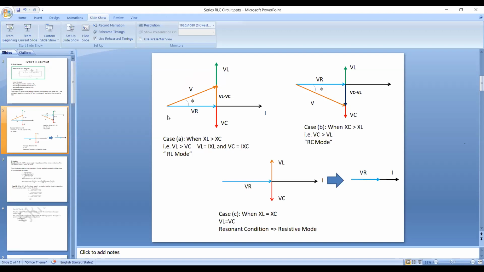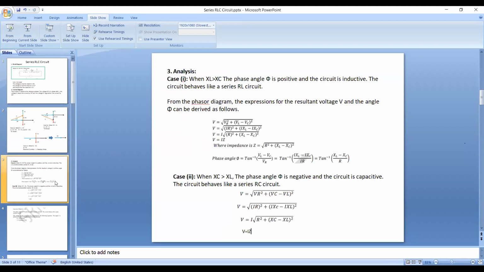The right-angled triangle consists of three sides: the adjacent side with vector length VR, the opposite side with vector length VL minus VC, and the resultant vector, which is the supply voltage V. Taking these three voltages into consideration, you can derive an expression for impedance. I'll come back to the XC case, case 2, sometime later.